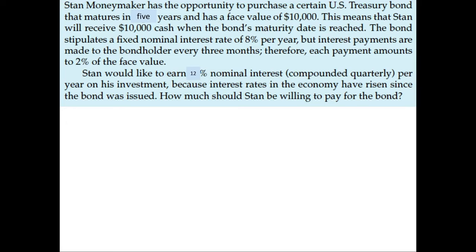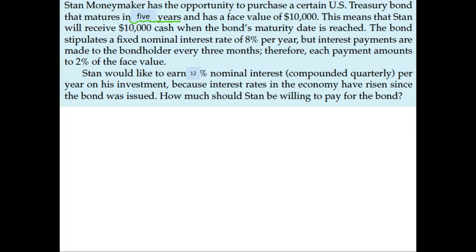So now let's use it for this example. Stan Moneymaker has the opportunity to purchase a certain US Treasury bond, and the bond is going to mature in 5 years. And it has a face value. The 5 years is how long until the bond is retired. After 5 years, it's going to be retired.